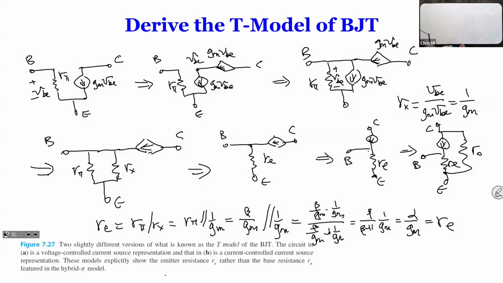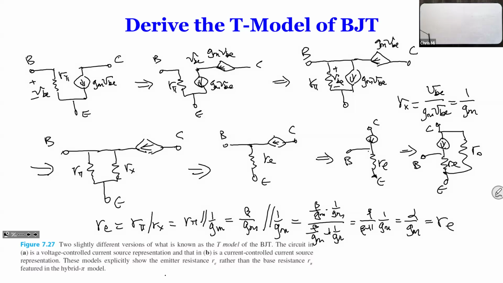If you're not given VA, you don't have to include it. Probably it's going to be wrong if you get the answer with an RO that you assumed. So don't include RO if you're not given VA. That's the first thing to decide.